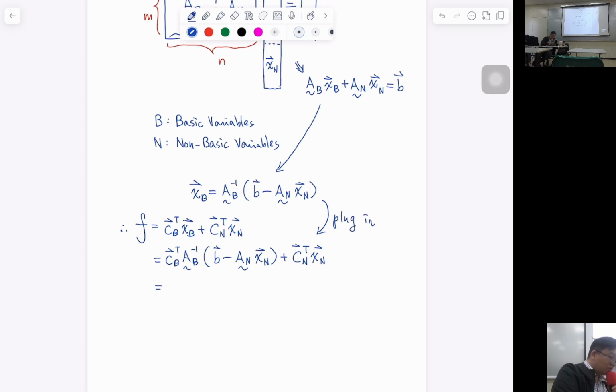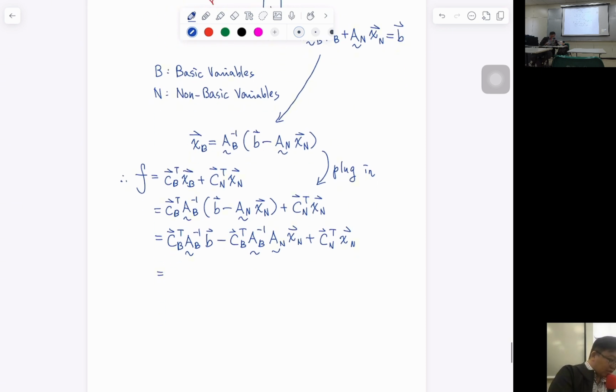Now we can expand all the terms. CB transpose AB inverse small b minus CB transpose AB inverse AN XN plus CN transpose XN. Now we can start to collect terms.